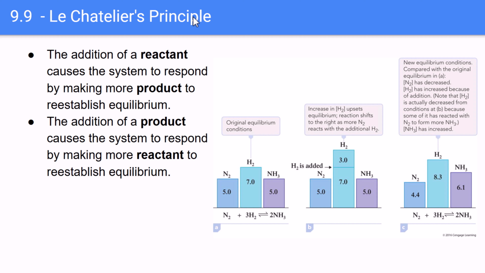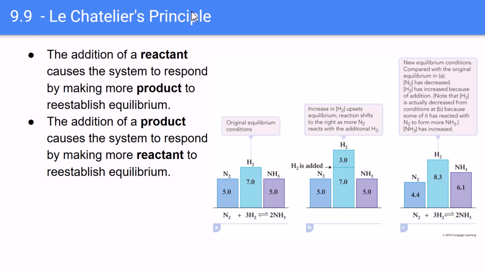When you add more product, the system's going to respond to make more reactant in order to reestablish equilibrium. So kind of think of it like balancing. If I get more reactant, well, in order to make equilibrium occur, I've got to end up making more product as a result of that. When you add product, the system responds by making more reactant. So by adding something, we end up causing the opposite thing to gain in order to reestablish equilibrium.